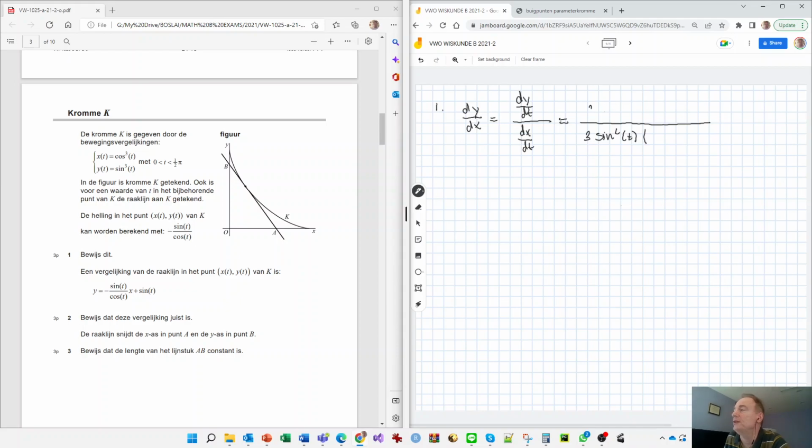For the chain rule here, you first take the derivative of the power, so we get sine squared t, and then the derivative of the sine, which is the cosine of t. Well, it's a warm-up exercise, so don't worry. And here we get the cosine squared t and the minus sine of t.